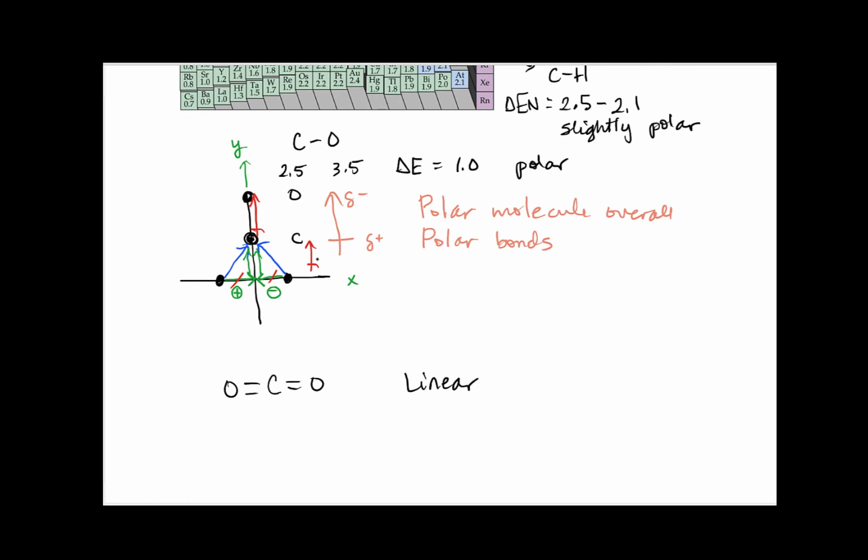We just looked at that carbon-oxygen bond. And so we can see that our bonds are polar, where we would have an electronegativity difference. Our carbon would be slightly positive, our oxygens would be slightly negative. But because of the symmetry of this molecule, it is nonpolar overall, even though it has polar bonds.